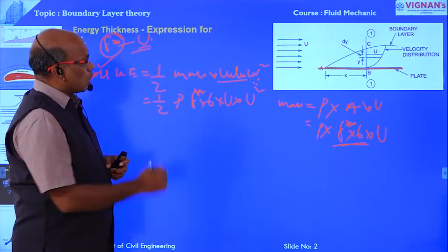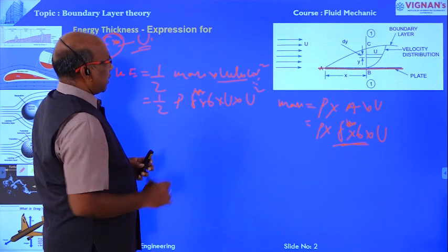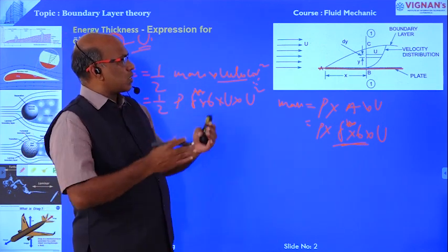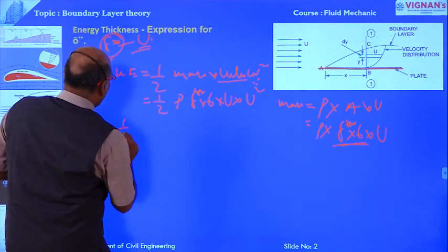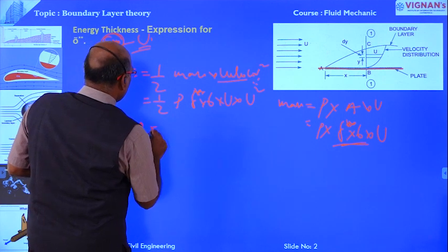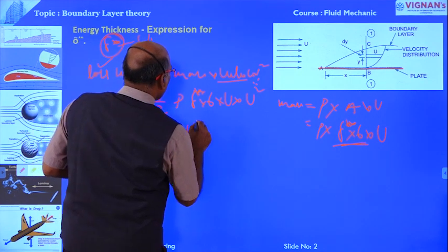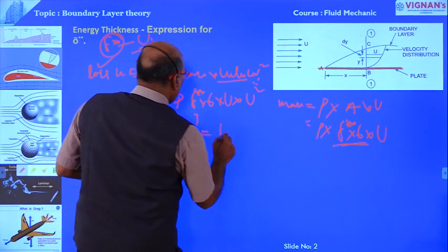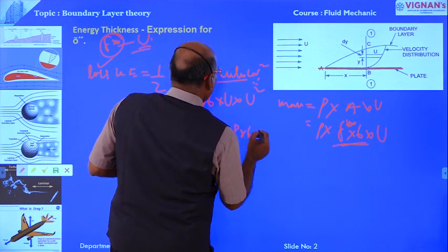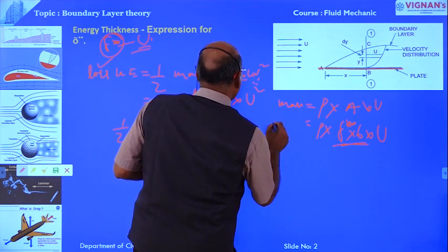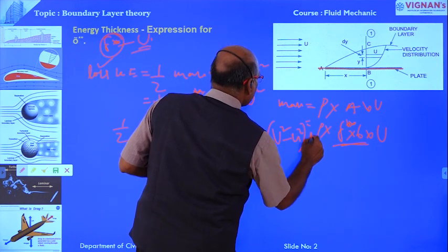Already we have determined the total loss of kinetic energy because of the formation of the boundary layer, in the earlier equation. Equating these two equations, we get the thickness: half rho delta double star, width of the plate b, into U cube, is equal to half rho b into small u into capital U square minus small u square dy.